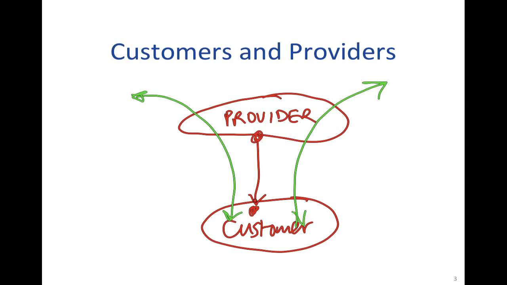So if we're thinking of how money flows, money is flowing up in this direction here. The customer is paying the provider in order to carry its packets.